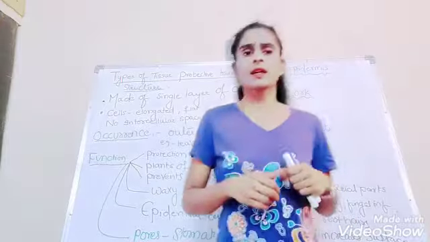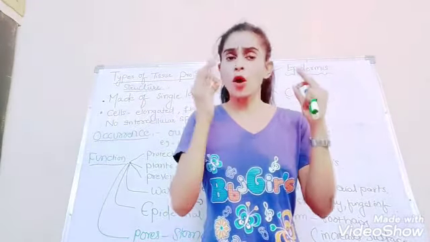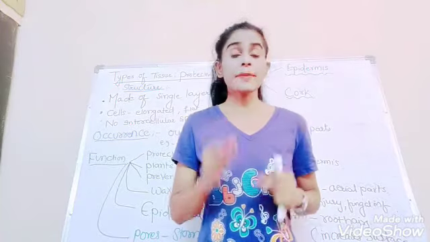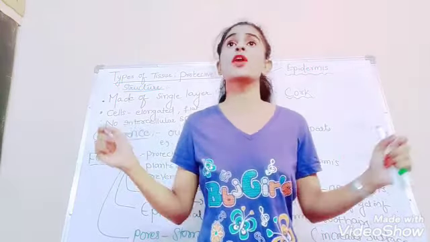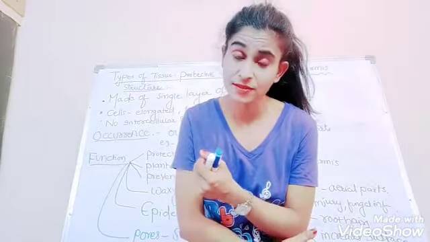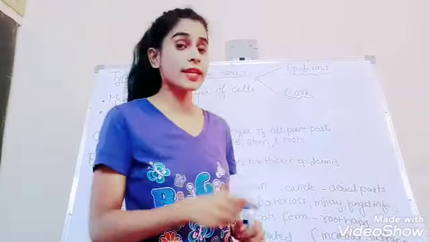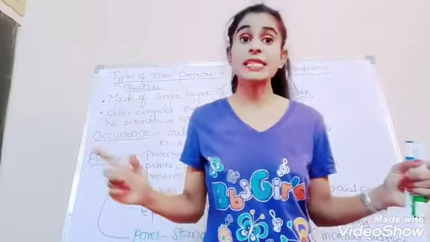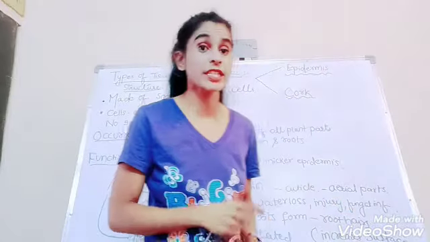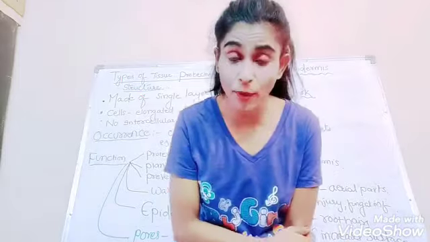Okay guys, let me know one thing. Name the organ which covers our whole body and which provides such protection. Do answer me in the chat box. Name the organ which is present all over the human body and provides protection. Please reply in the chat box.